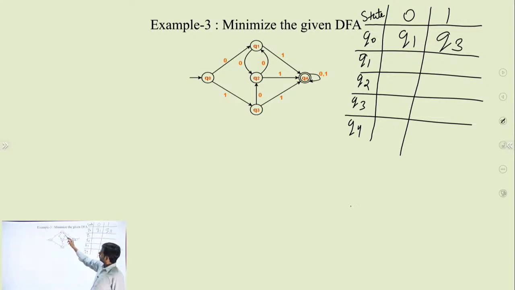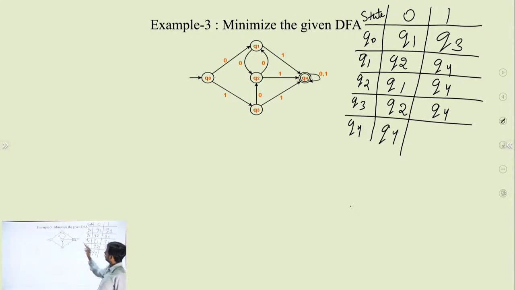Q1 on input 0 goes to Q2, on input 1 goes to Q4. Q2 on 0 goes to Q1, on 1 goes to Q4. Q3 on 0 goes to Q2, on 1 goes to Q4. Q4 on 0 goes to Q4, Q4 on 1 goes to Q4. So this is the transition table.